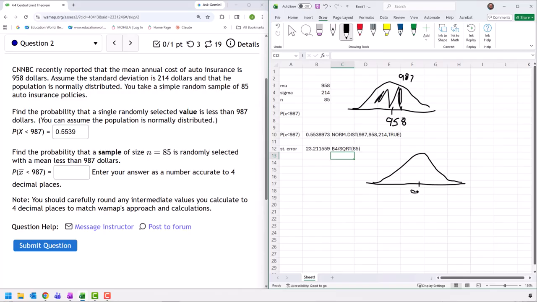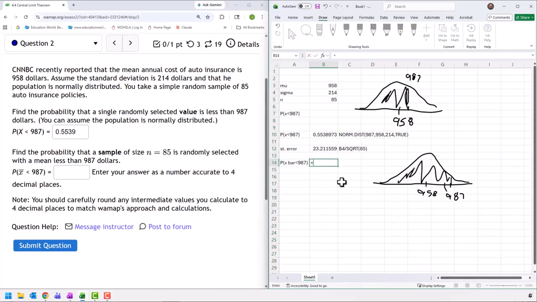So our new distribution, trying to draw a normal curve again. We still have 958. But now our value of 987 for the mean is going to be over here. So we're talking about an area like this instead. Sorry, it's so choppy. So now we have x bar being less than 987 instead of x.